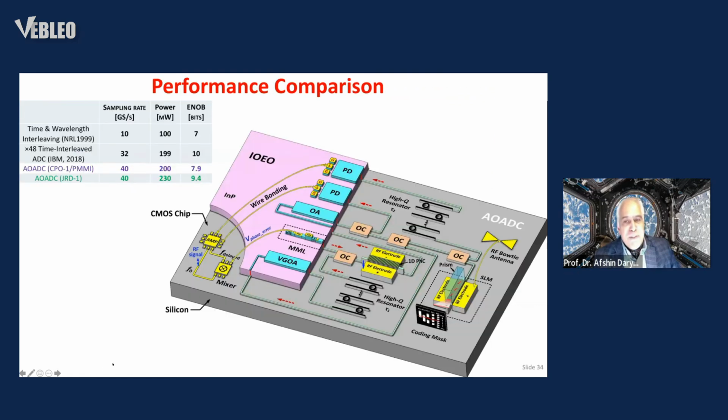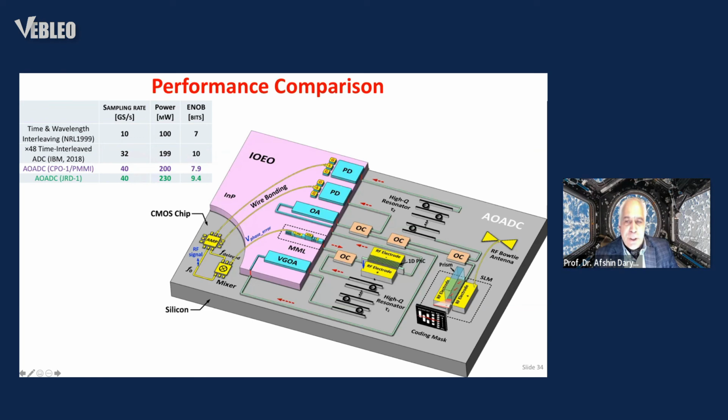Now, when we put everything together, which is the clock signal as well as the spatial light modulator and the coding mask, which is going to be in free space optics, and the antenna, which is a Vivaldi antenna also placed on a silicon substrate, you're going to have a chip that is about 3 centimeter by 4 centimeter.